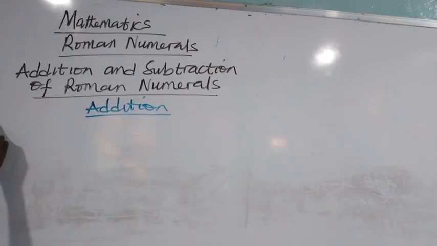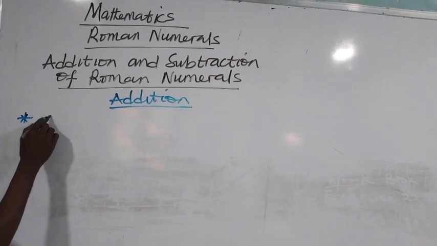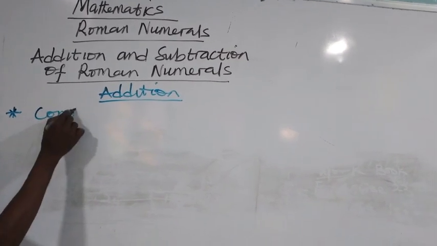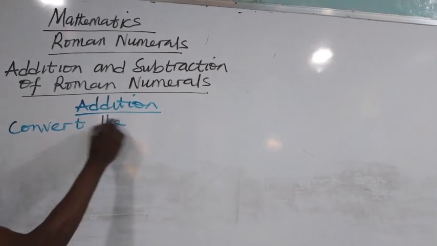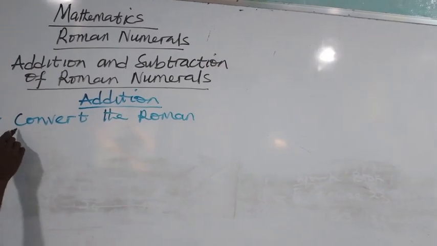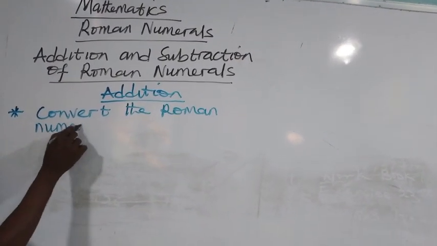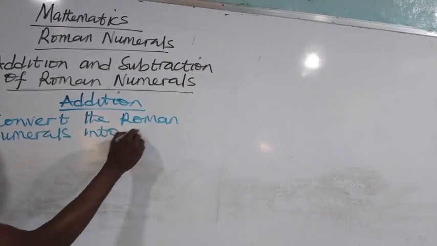The addition. Rule number one is that we convert the Roman numerals into figures.